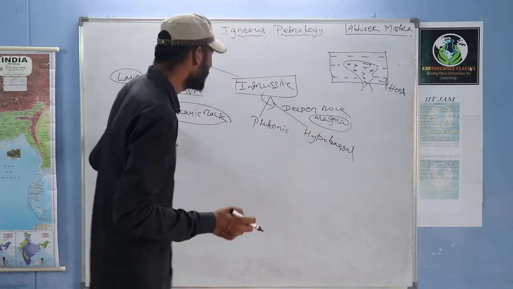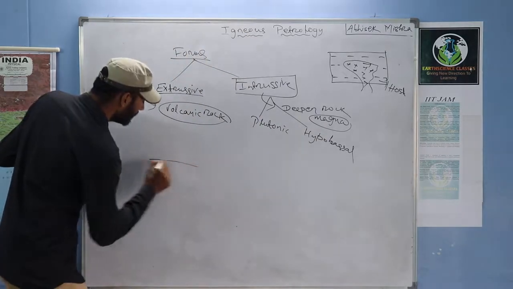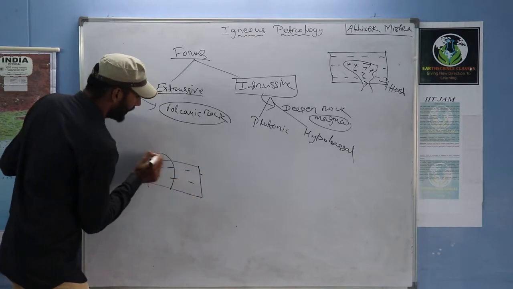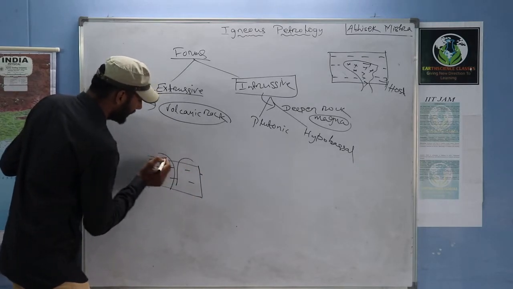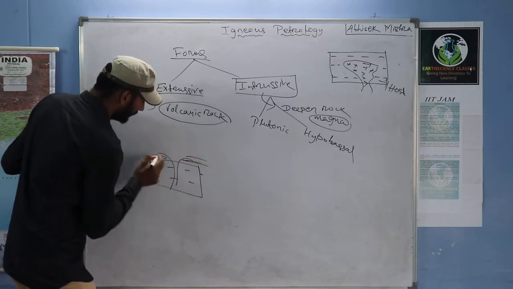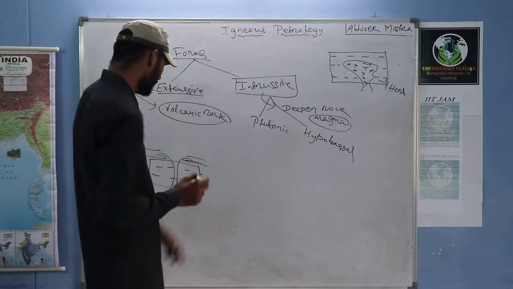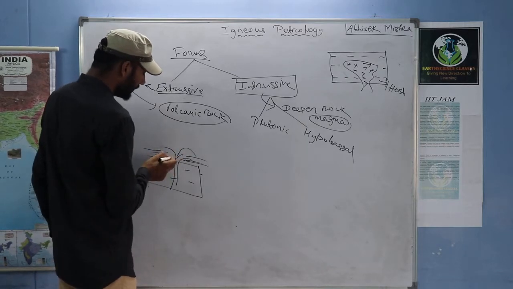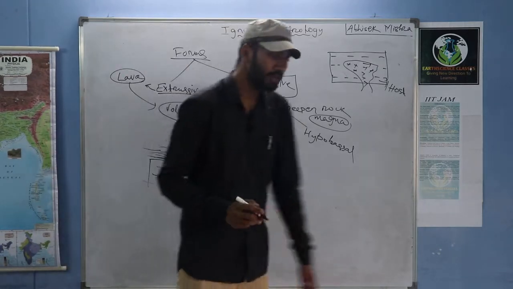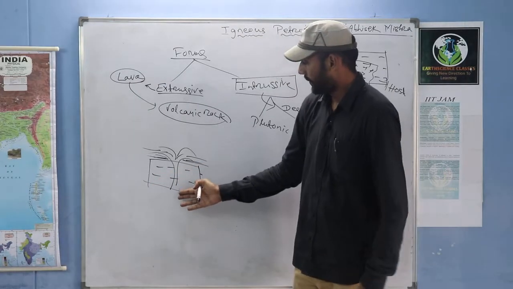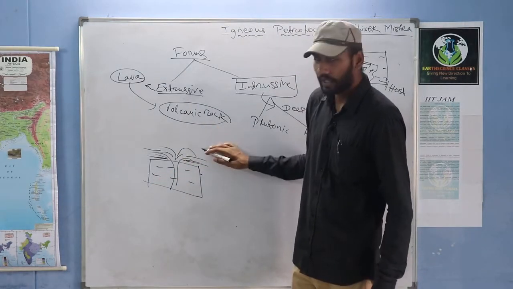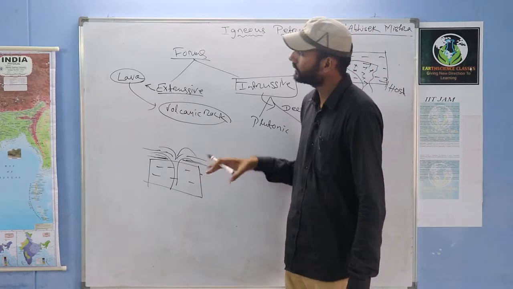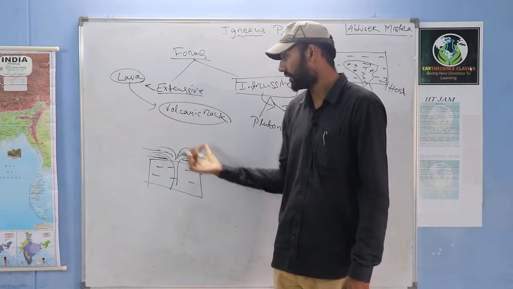What happens in case of extrusive? The magma comes out to the surface and forms igneous rocks here on the surface. This is the volcanic eruption. Magma comes out to the surface, becomes lava, and that lava will flow and get solidified there.